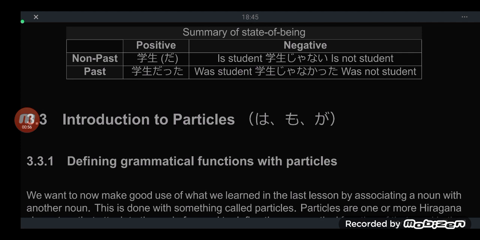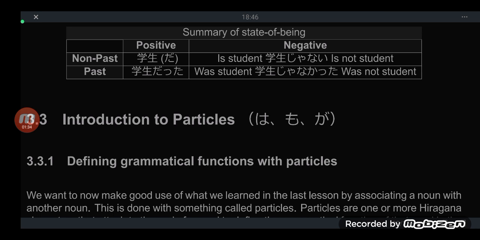Everyone, in our previous lesson, remember I discussed to you the very first lesson, the basic conjugation: the conjugation janai, the conjugation datta, which is the past tense, and the conjugation janakatta for the negative past tense for the simple form of sentence.